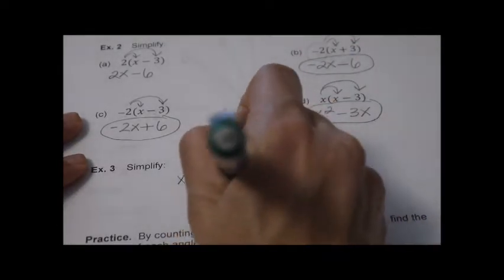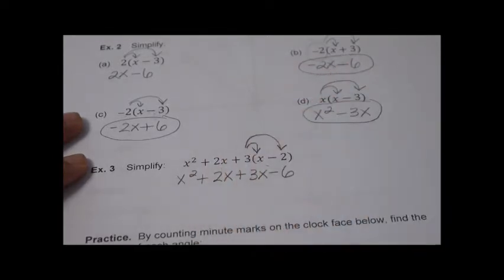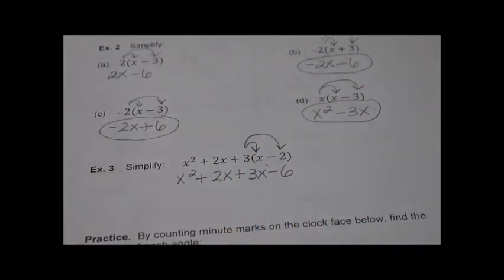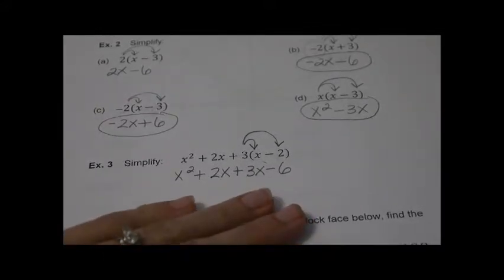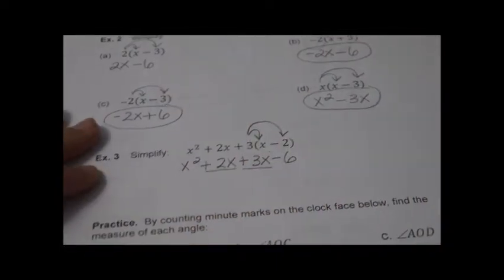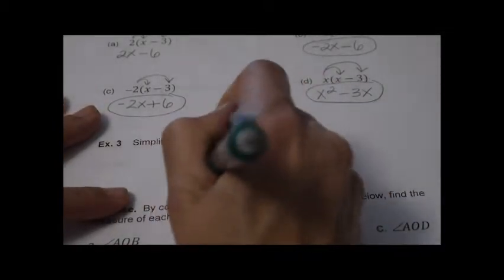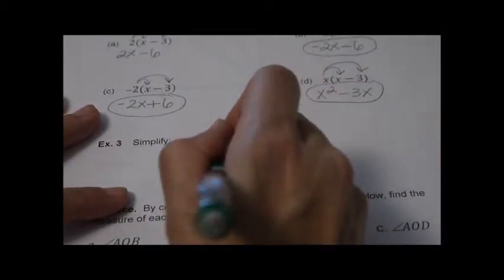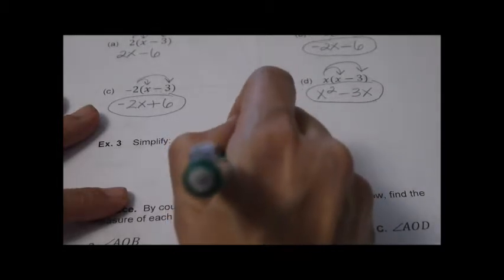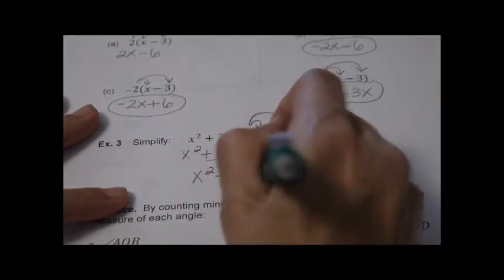So 3 times x is plus 3x minus 6. Okay, so now we've got rid of our parentheses, and now we combine like terms, and I only see one pair of like terms. I see it right here and here. So those get to simplify or join up. Everyone else is kind of alone. x squared stays there. 2x plus 3x is plus 5x. 2 plus 3, right? Minus 6.